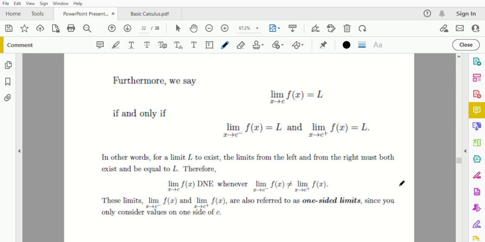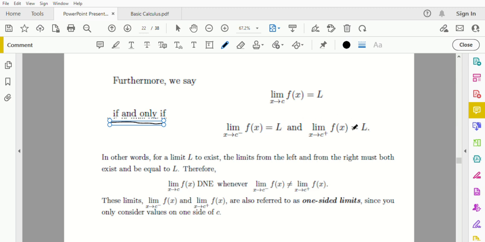Furthermore, we say that the limit of f of x as x approaches c is L if and only if these two limits, from the left and from the right, are the same.